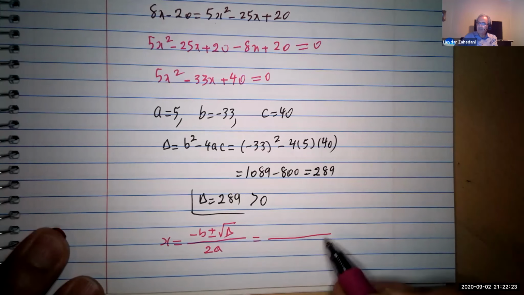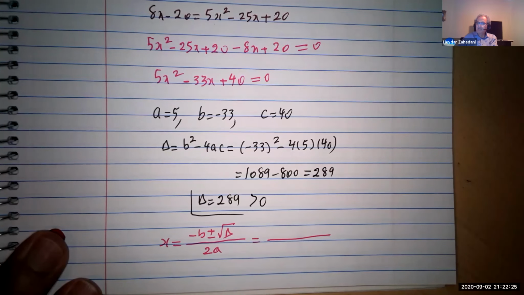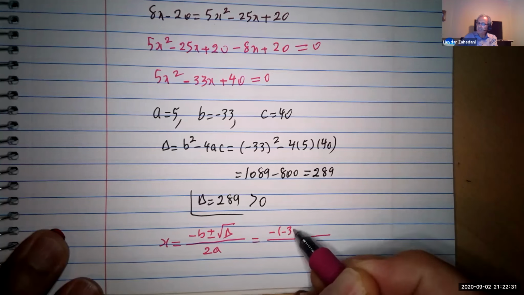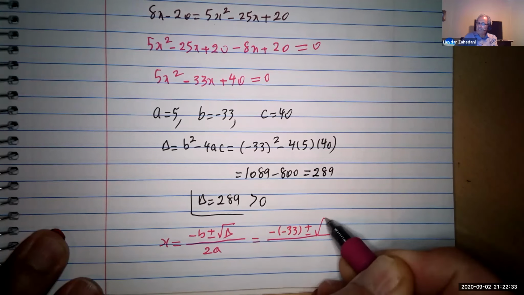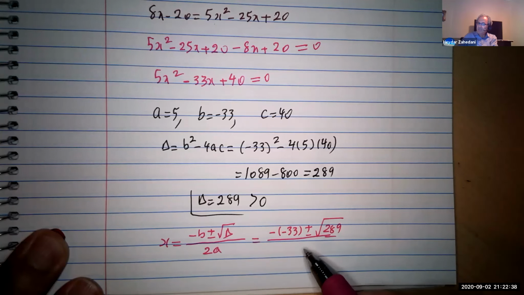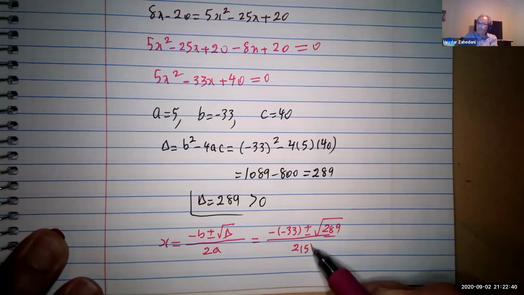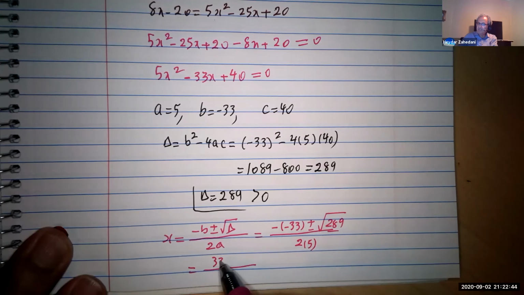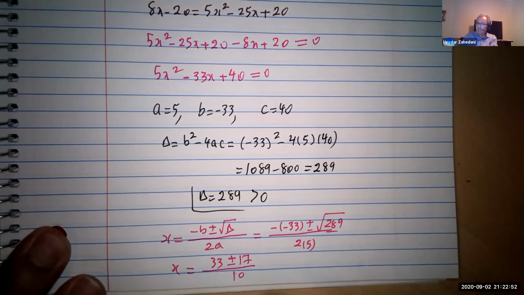This is one of the problems similar to your assignment. Negative b would be negative 33, plus or minus the square root of 289 over 2a, which is 2 times 5. So the top would be a positive 33, plus or minus 17 over 10. So that's your x.